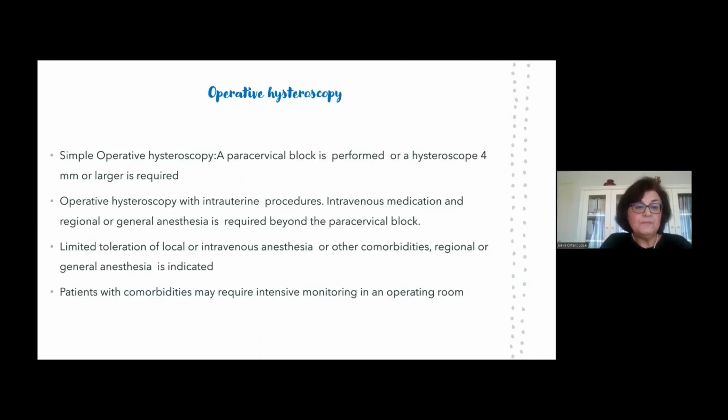Operative hysteroscopy. In operative hysteroscopy, a paracervical block is performed or a hysteroscope 4 millimeters or larger is required. Operative hysteroscopy with intrauterine procedures may require intravenous medication, and regional or general anesthesia beyond the paracervical block.